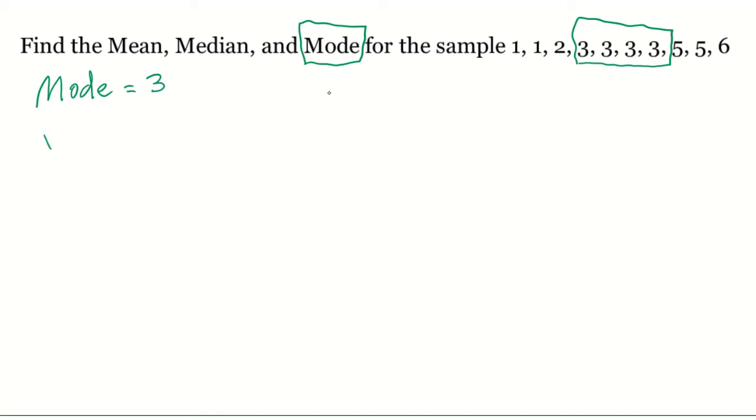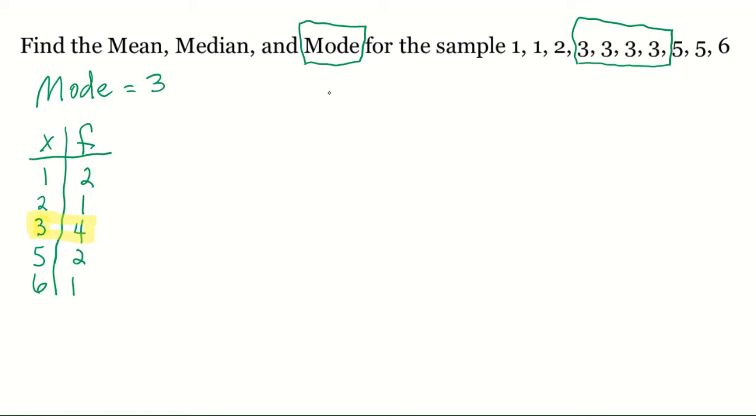If I have a frequency distribution table, we're going to do the same thing. So let's write down our distribution table with our frequencies. This was 2, 1, 4, 2, and 1. And once again, you're going to look and say which one has the highest frequency, which one has the biggest number on the frequency.